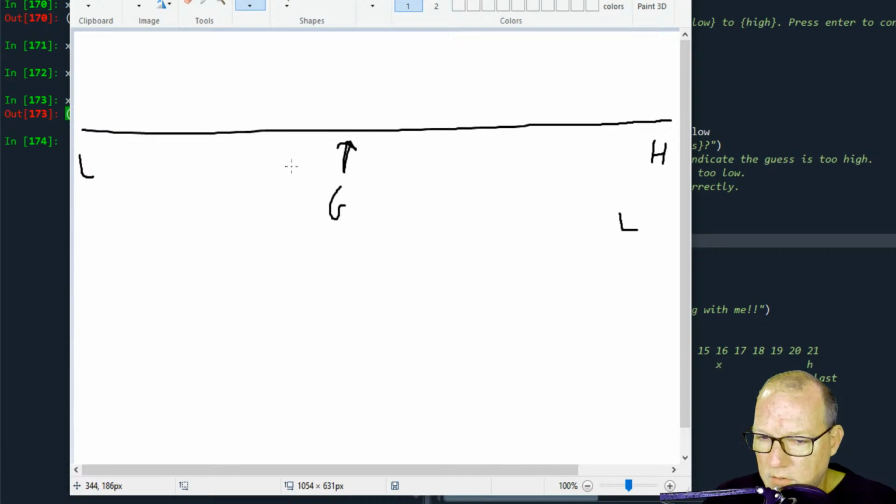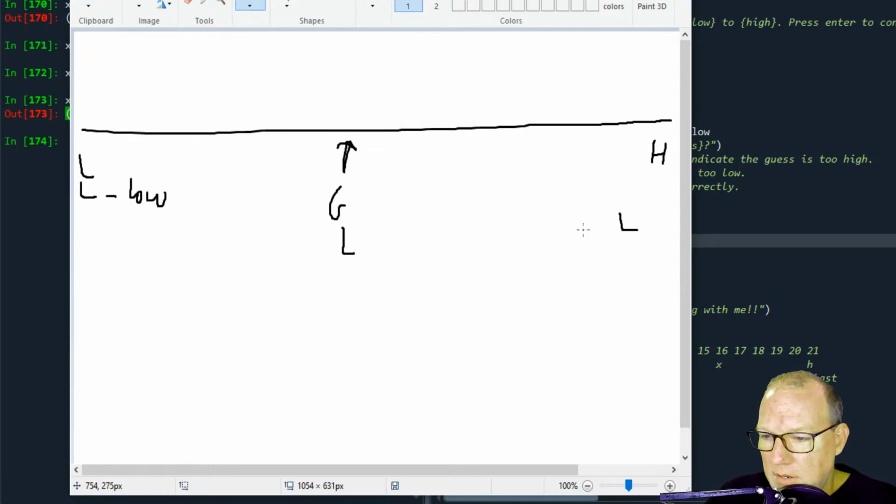If we get too low, we move low here. That was awful. That is not an L. We move low here. So this becomes last low. That was awful. Last low.